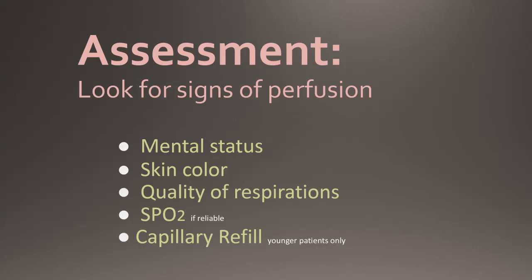Our skin gives us a very good picture of how well our body is being perfused. The mental status talks about how well our brain is being perfused, how well it's functioning. The skin color does the same for our body. So we're looking at color, moisture, and temperature.